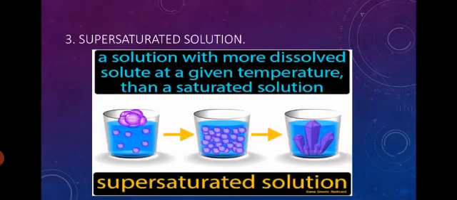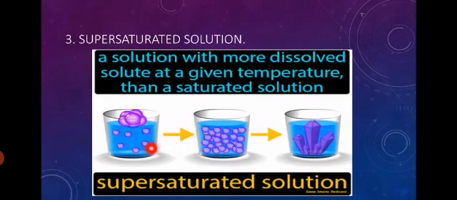Next is the supersaturated solution. The name indicates that super means it goes above. A supersaturated solution has more dissolved solute at a given temperature than the saturated solution. For example, if you make a sugar solution, you will make a saturated solution, and after some time you will observe that no more solute dissolves in the solvent.